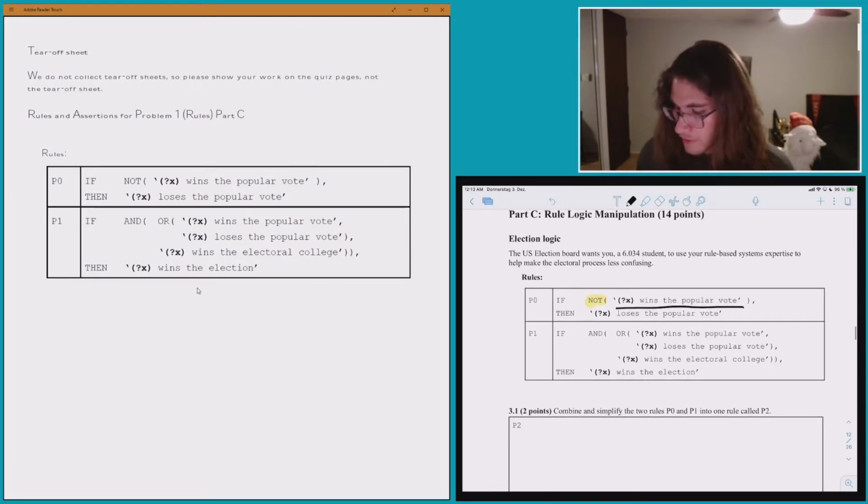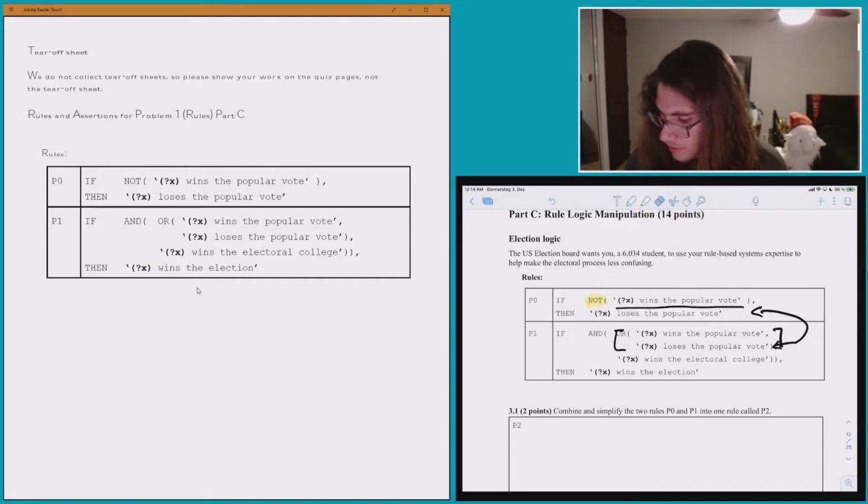And then we have in P1, I'll leave those annotations up there, the or: X wins the popular vote, X loses the popular vote, and then outside of the or, one of those has to be true, along with X wins the electoral college. So if I'm interpreting this correctly, either of these can be true or both, and this one is the consequent of P0.